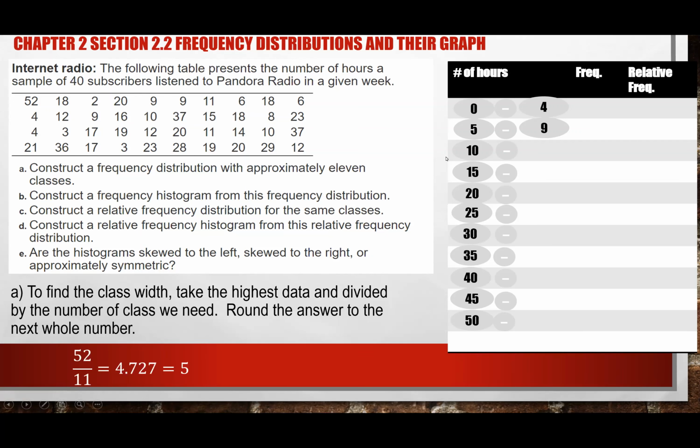Like I mentioned, if your data has decimals, then you have to go to 4.9, 5.9, and so on. In this case, my data is a number of subscribers, a discrete data, so I don't have a decimal. If it's not a decimal, you just go with the whole number. So this is what I have.